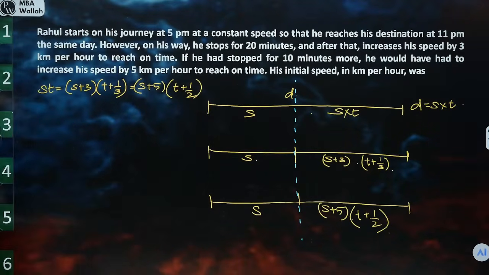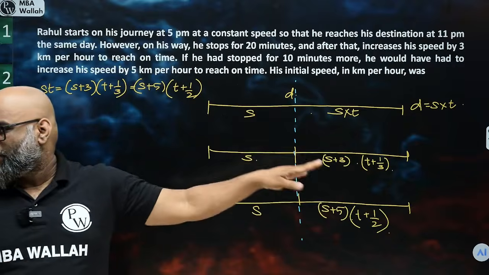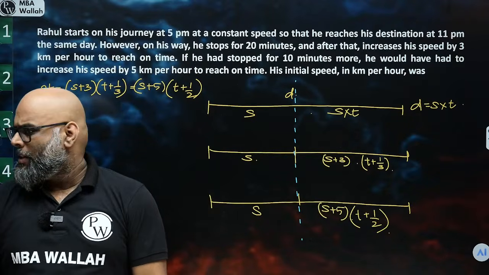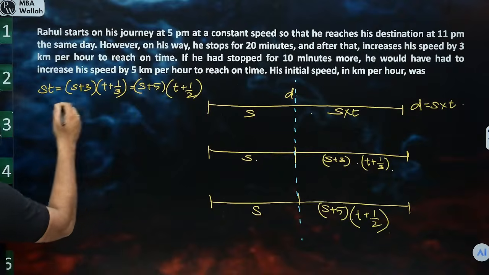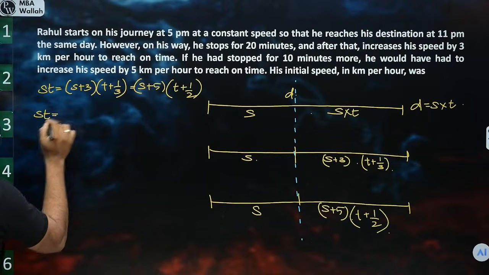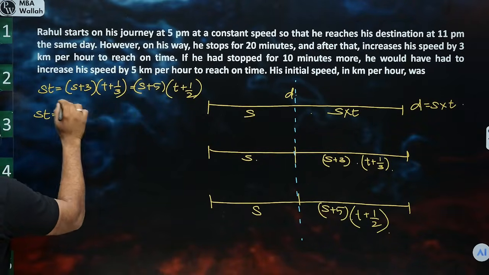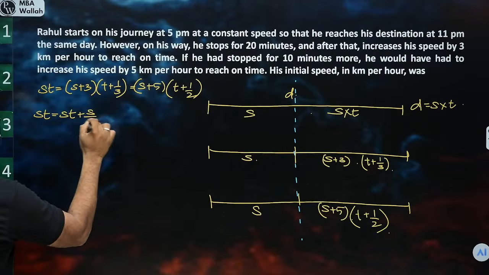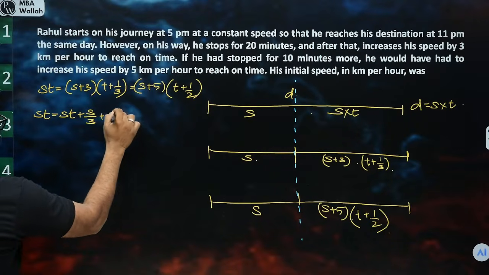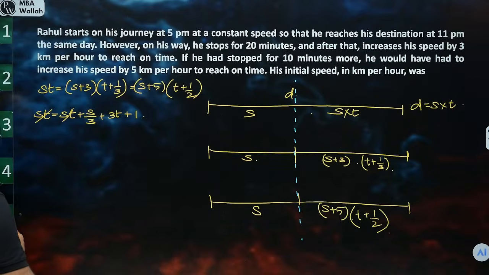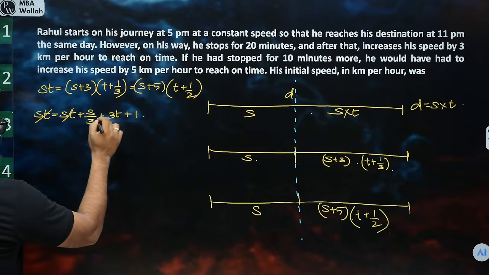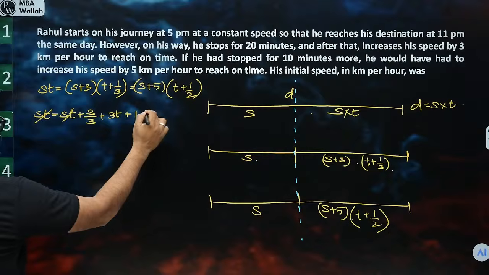For that distance, it is the same. Equating the first two: st is equal to st plus s by 3 plus 3t plus 1. So st gets cancelled, and you have s by 3 plus 3t plus 1 equals 0.